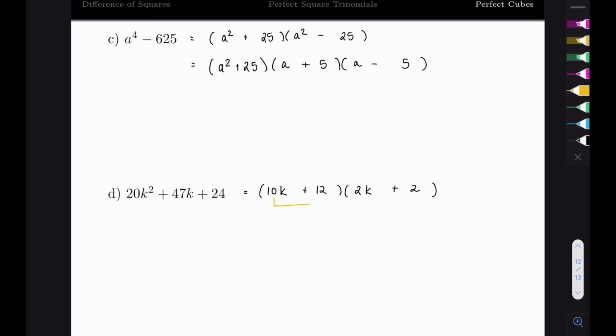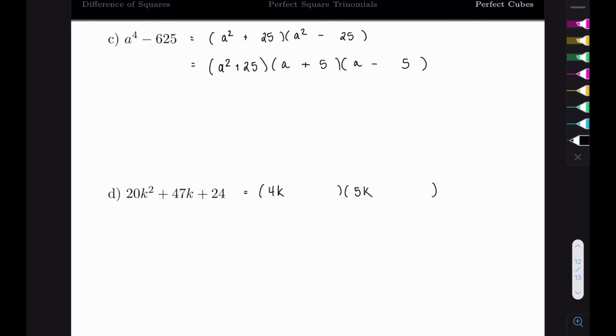And so we'll check. The outer term here gives us positive 20k. The inner term gives us 24k. And unfortunately, that only adds up to 44k, which is not my right middle term. So that does not work out. Let's try something else. Another way we can multiply to 20 is 4k and 5k.